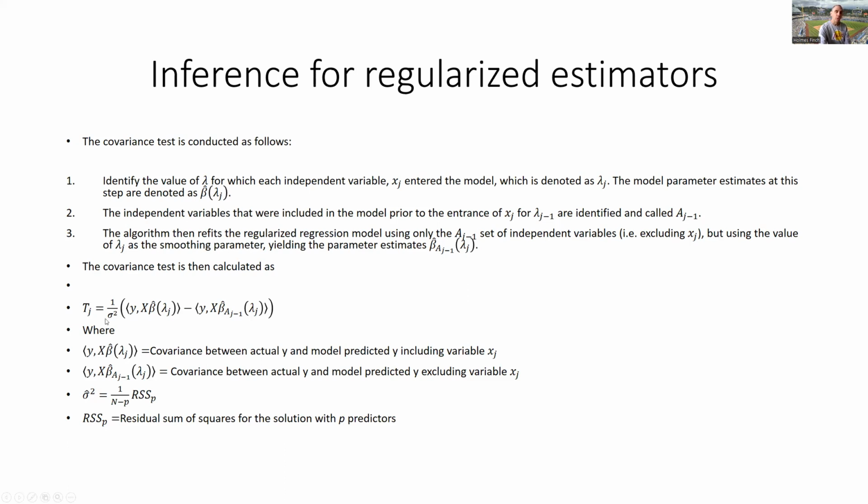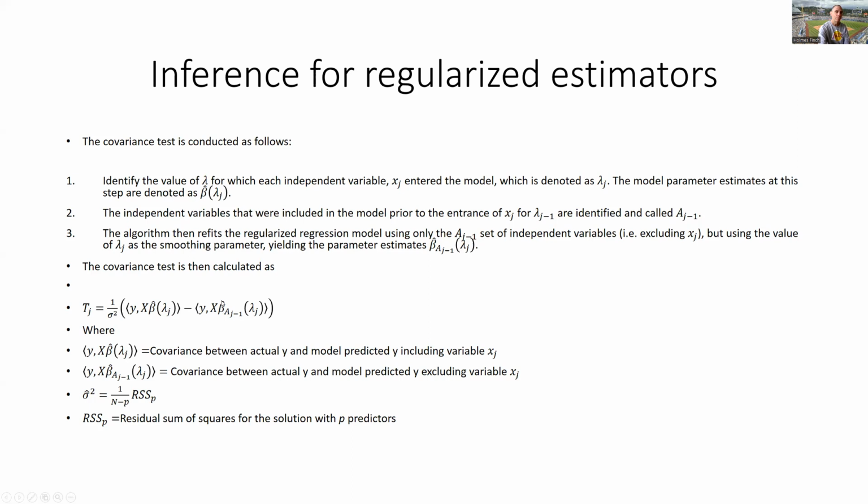Okay. And so then we divide that by essentially a measure of variance. But all the magic is happening in this difference right here. And so that's the covariance test. What's cool about that is it reflects not only the coefficients, not only the relationships between each independent variable and y, which is in these betas, but it also reflects the variable selection process because of the coefficients for the A sub j minus one when we use lambda j, x sub j's lambda value.